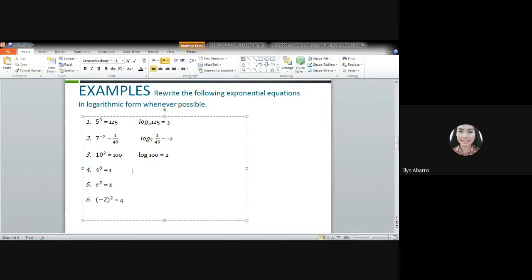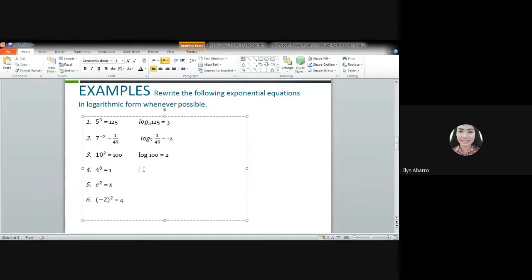Okay? Number 4. Anong base natin? 4. Meron tayong base 4. Ay mali. Copy natin ito kasi kailangan natin yung subscript. So, the logarithm of, hindi natin na-copy yung subscript. Kailangan natin ma-copy.